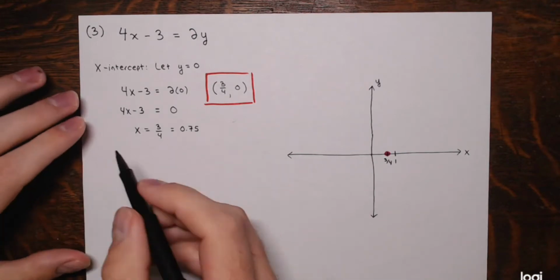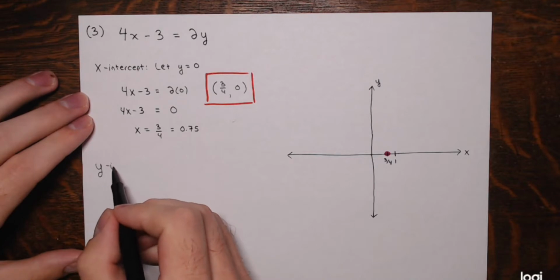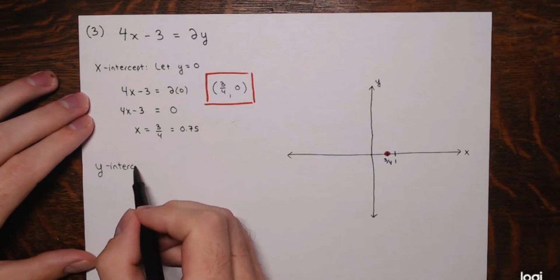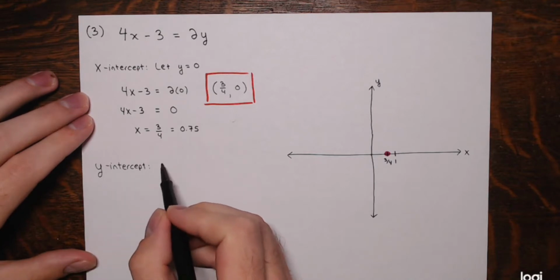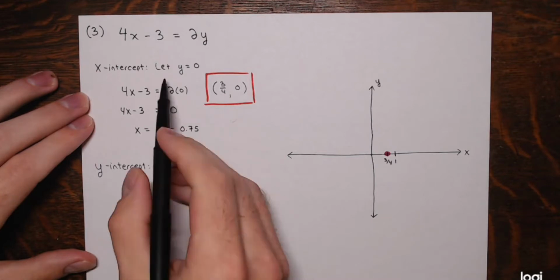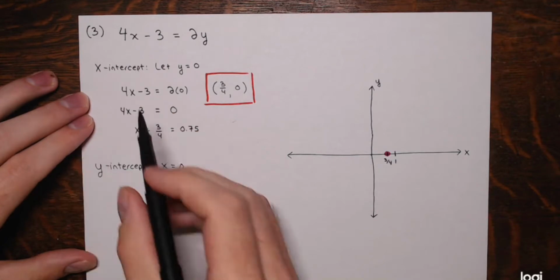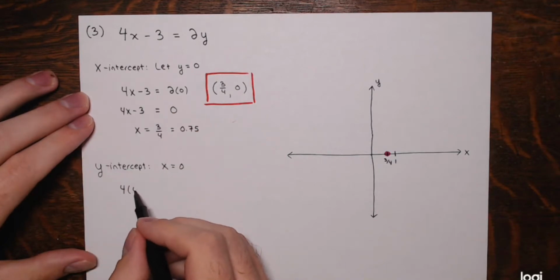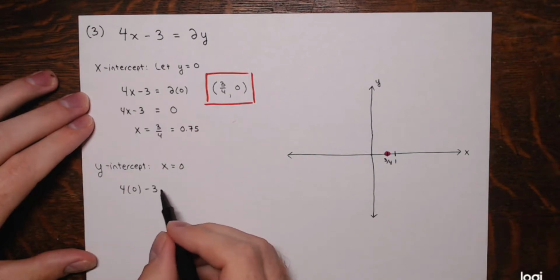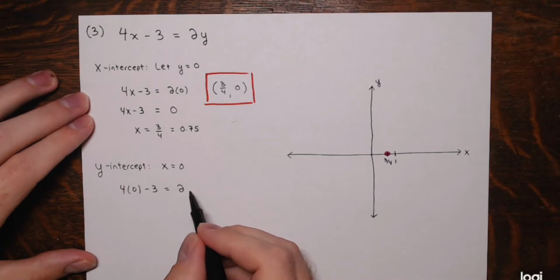Okay. Then the y-intercept. Replacing x with 0. Right, I'm going to stop writing the word let. Right? So I'm going to replace x with 0. So we have 4 times 0 minus 3 equals 2y, right?